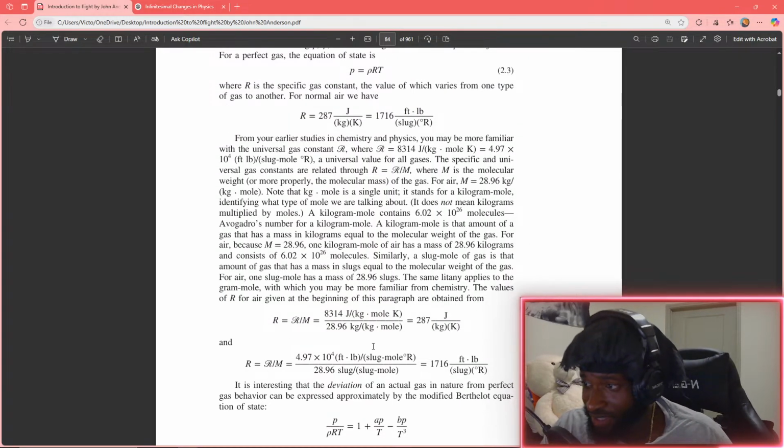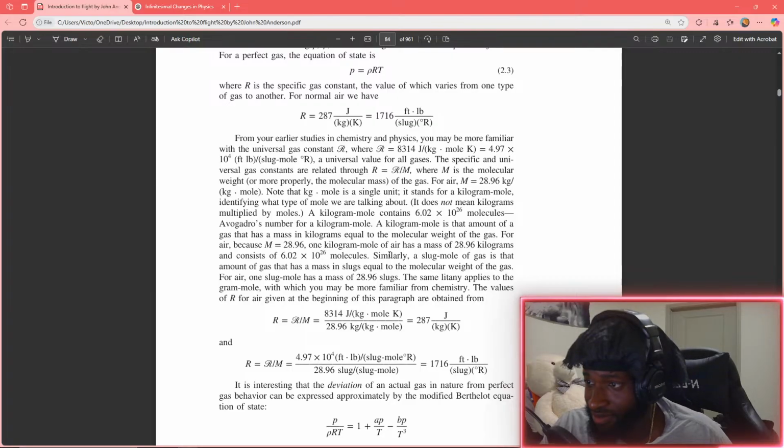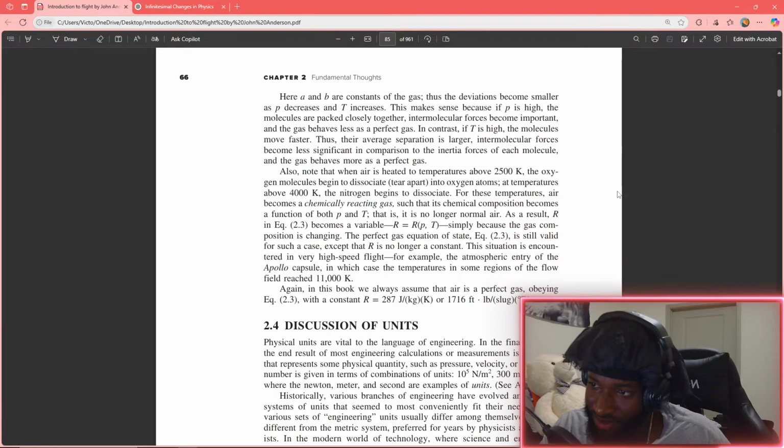Yeah, this is dealing with air. Specific gas constant, in this case, I guess. I'm actually curious because I don't even remember how it's derived. Okay, it's just the universal gas constant divided by what's M? M is 28.96. 1 kilogram mole of air has mass 28.96 kilograms. Okay. Yeah.